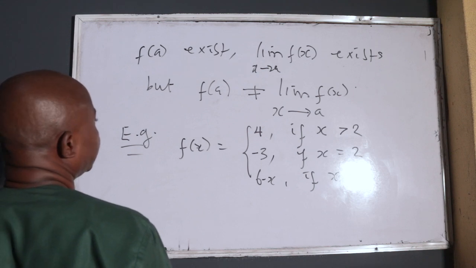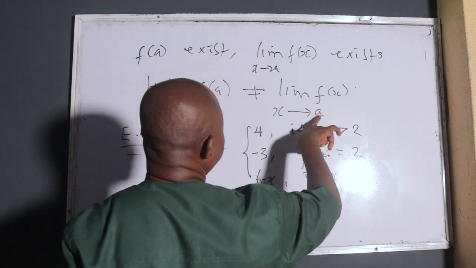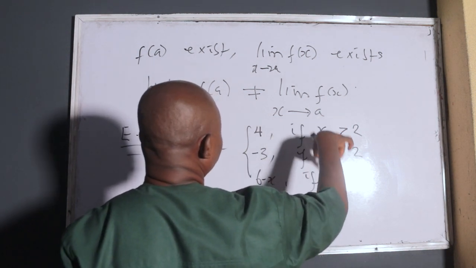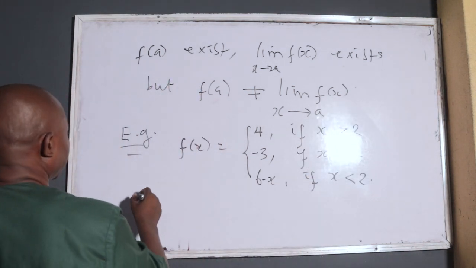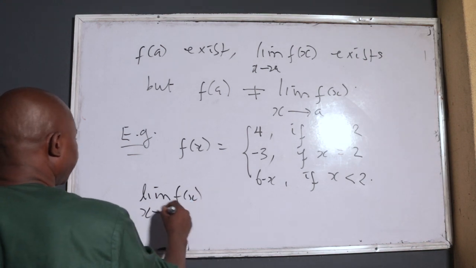Our goal is to first compute the limit of f of x as x approaches a. So we need to choose an appropriate a, and our interest here is 2. So let's look at the limit of f of x as x tends to 2.